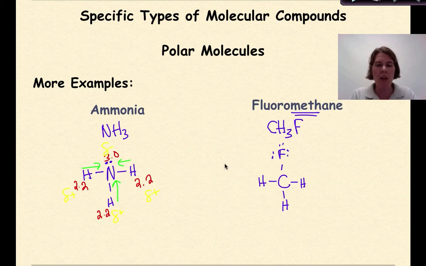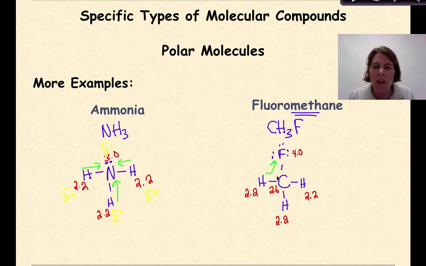And then I'm going to go in and I'm going to assign electronegativity values. So hydrogen is 2.2, 2.2, 2.2. The carbon is 2.6. And the fluorine is the most electronegative element on the periodic table, which is 4.0. So how are my polarity arrows working in this one? Well, for the most part, again, in a very general sense, all the electron density is being pulled up towards the fluorine.